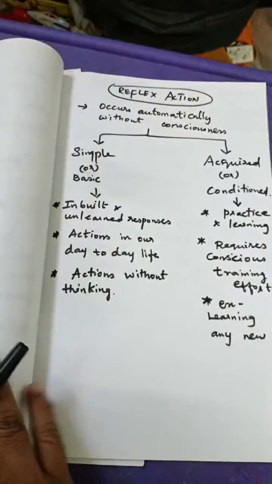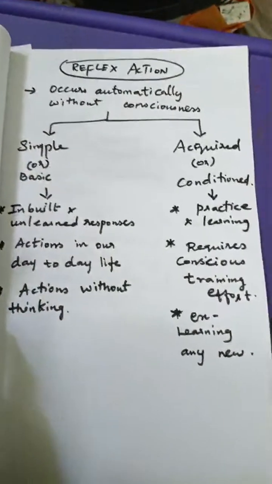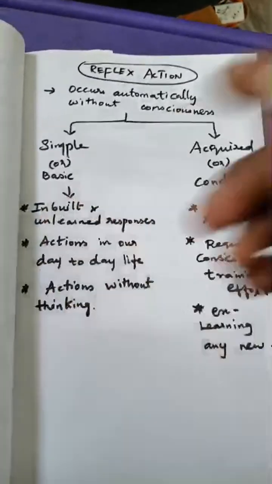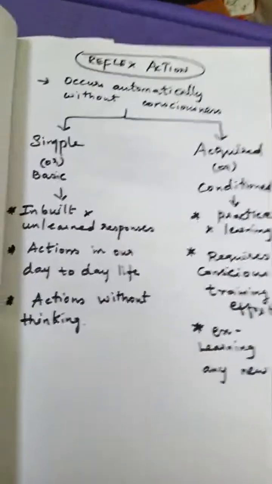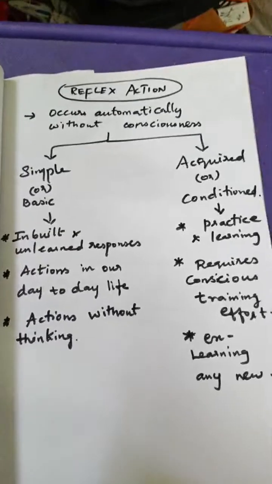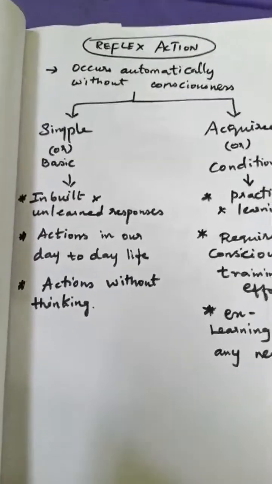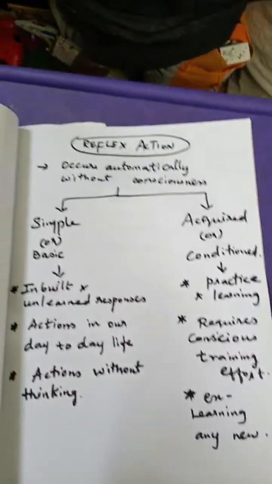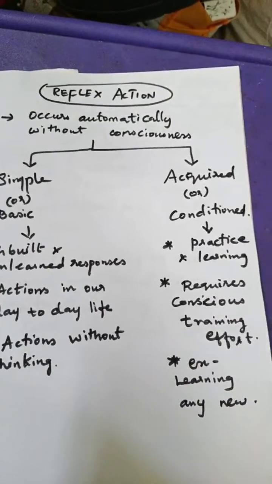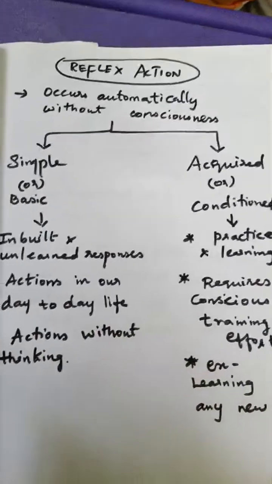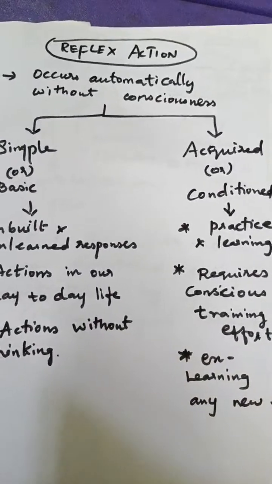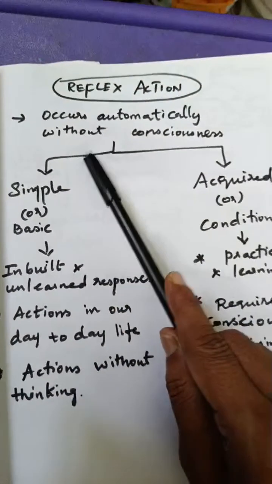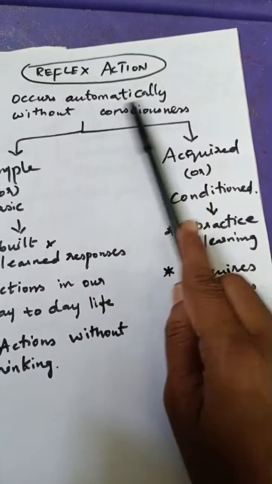Now next we will come to the reflex action. I already explained what a reflex action is, and we will see it in detail. A reflex action is a sudden and immediate automatic response without our consciousness. It occurs automatically.